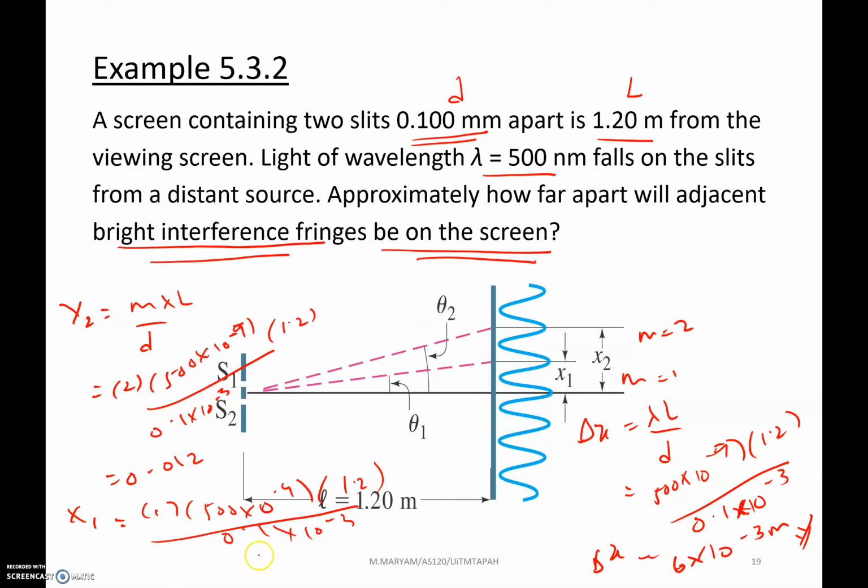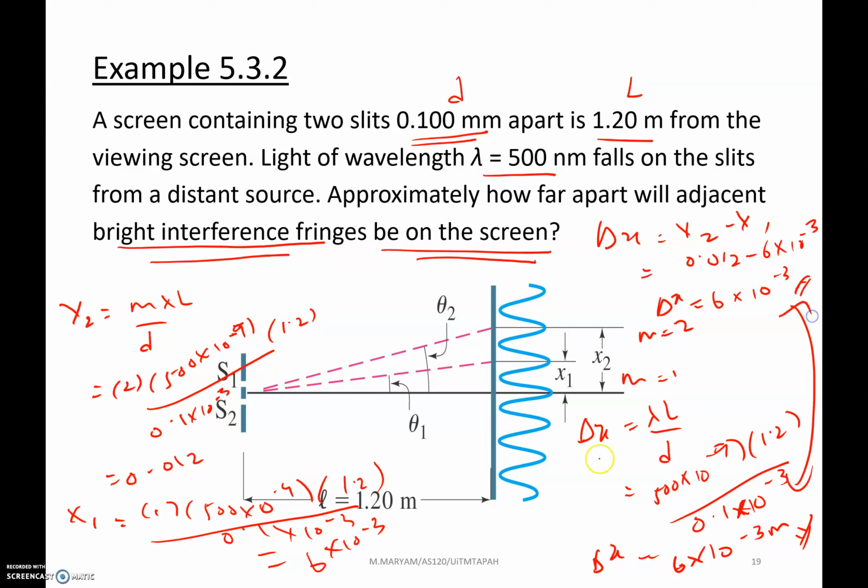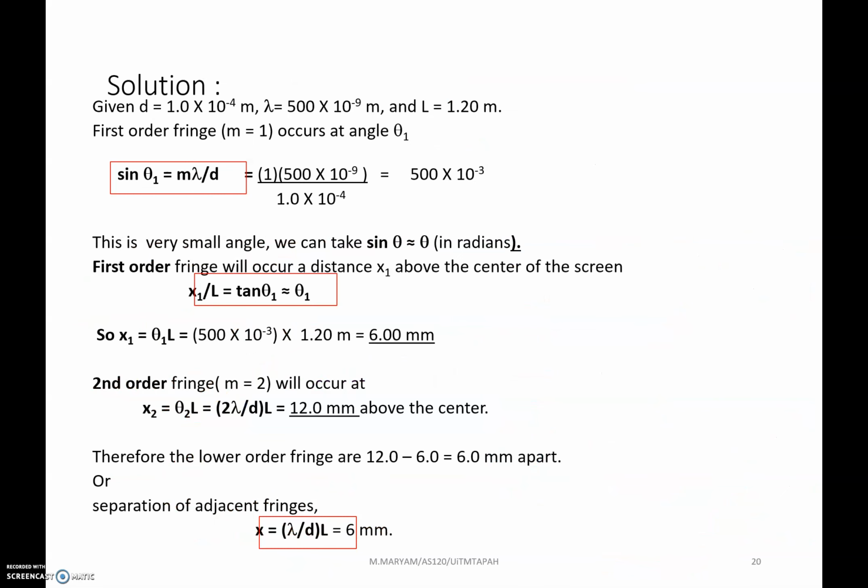You will get 6 times 10 to the power of negative 3. Then subtract these two: delta x is equal to x2 minus x1. So 0.012 minus 6 times 10 to the power negative 3, and you will get 6 times 10 to the power of negative 3. So you can use either this method or the other, or if you need to check your answers, you can calculate both. You should get the same answer.